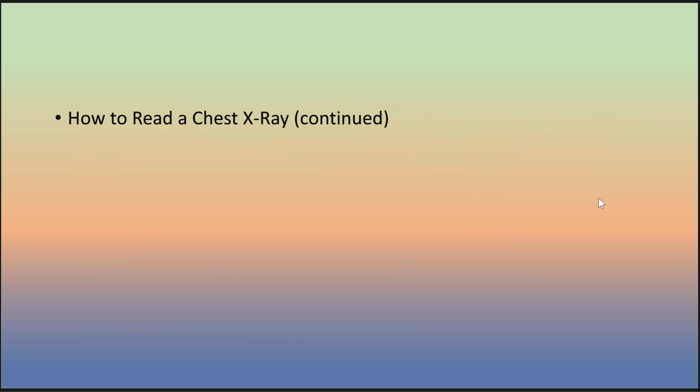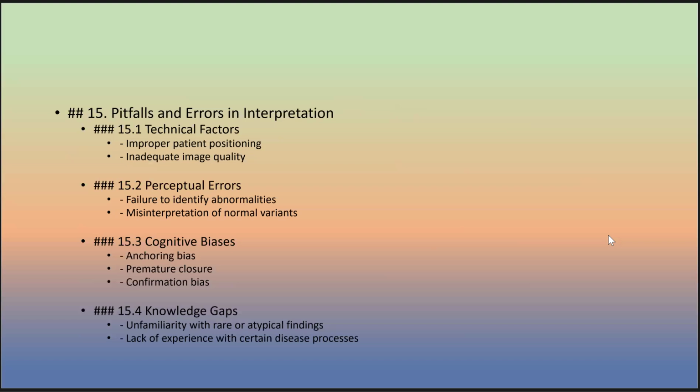Continuing, we again asked ChatGPT how to continue with reading the chest X-ray. It gave us the pitfalls and errors in interpretation. Technical factors: improper patient positioning, inadequate image quality.